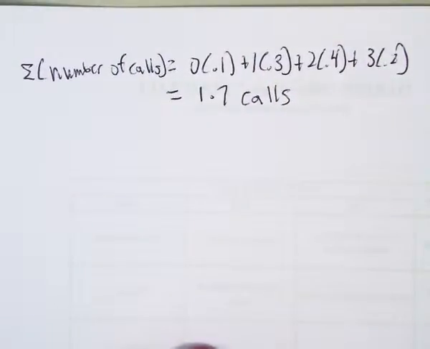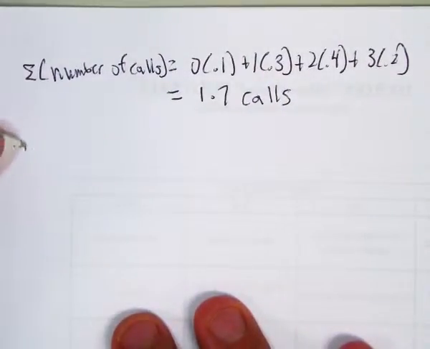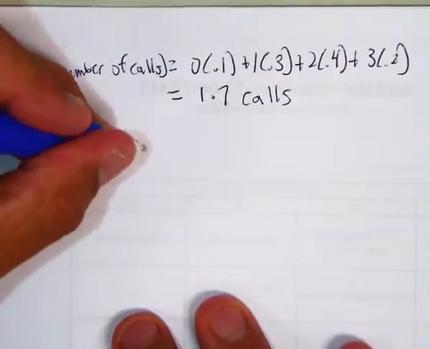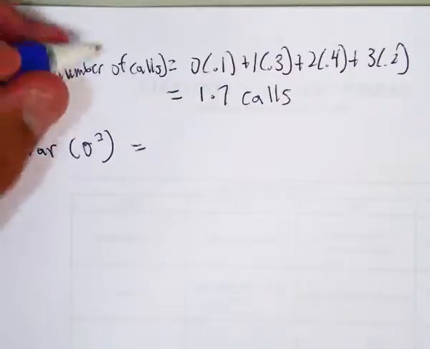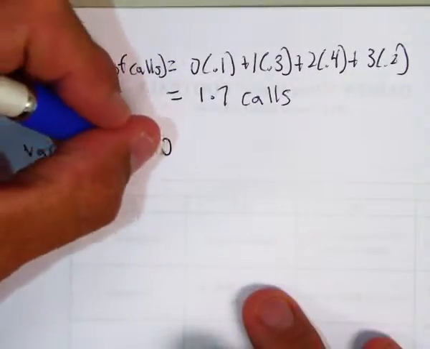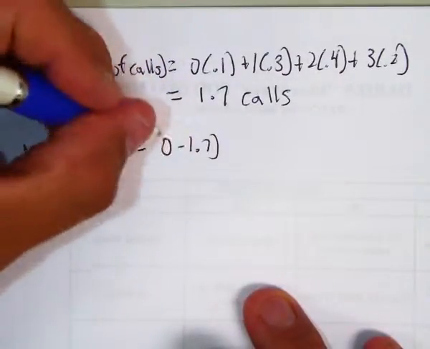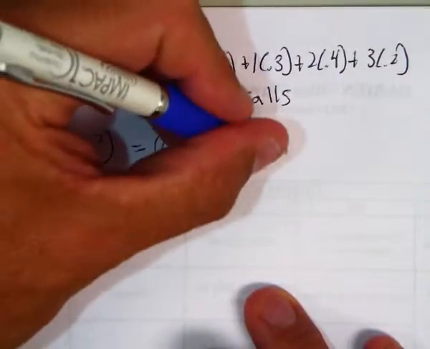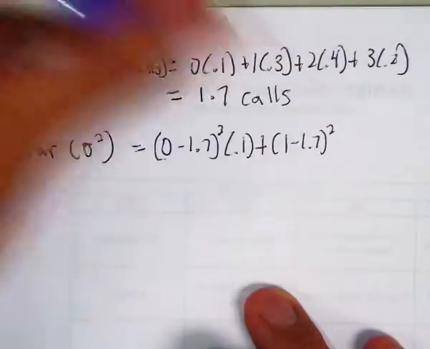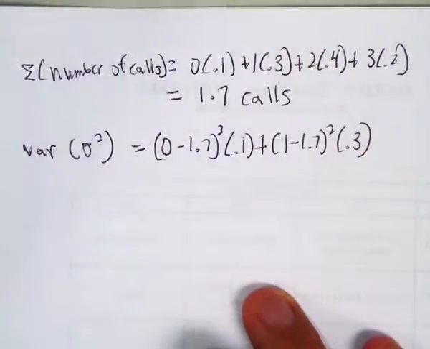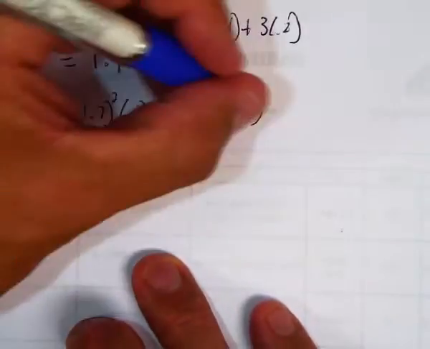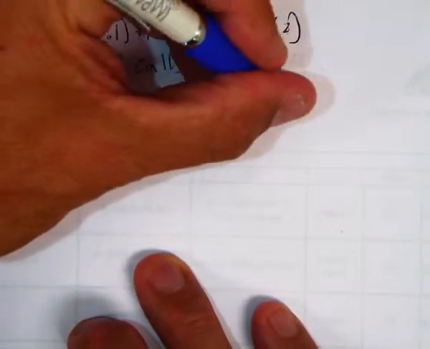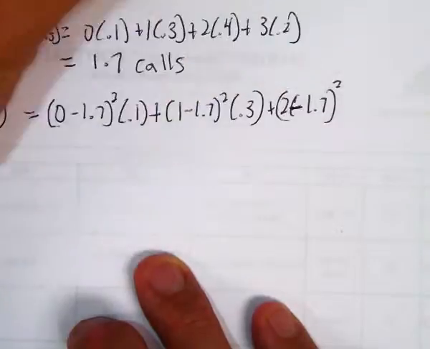Okay, so now to get the standard deviation, we first calculate the variance, or the standard deviation squared, and we take each of these values. So no calls minus the mean times the probability, plus one call minus the mean times the probability, plus two calls minus the mean times the probability.